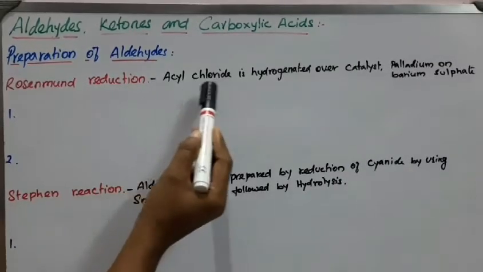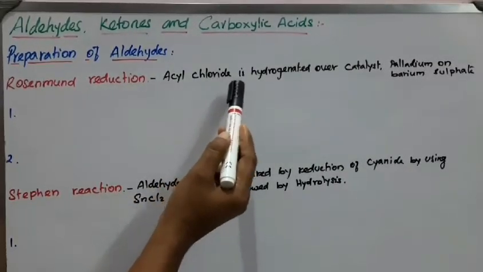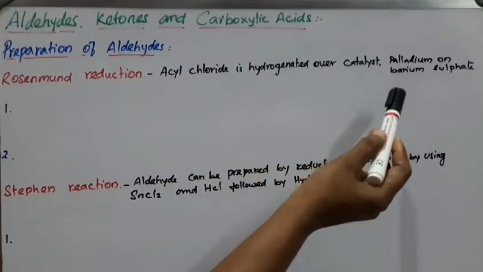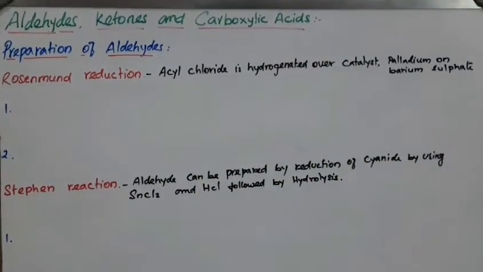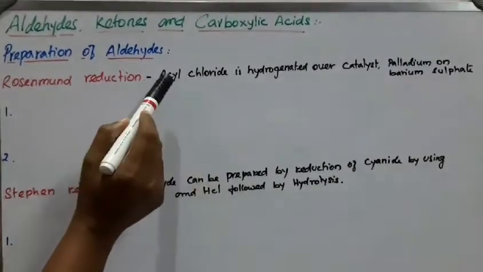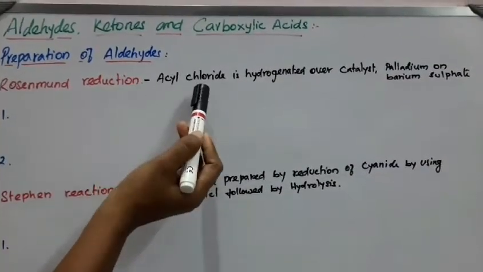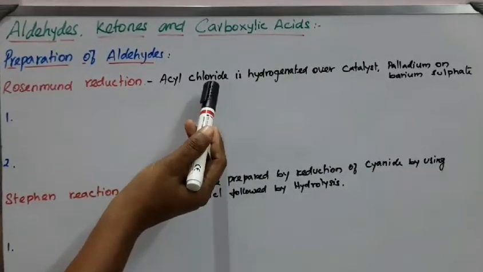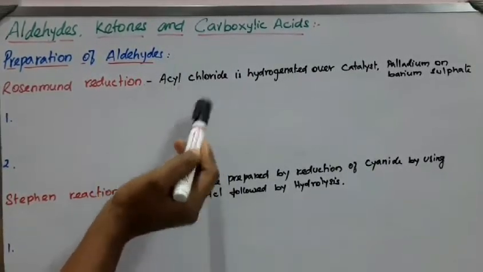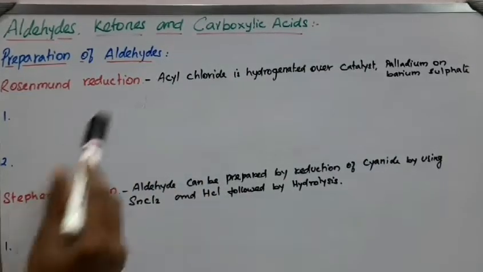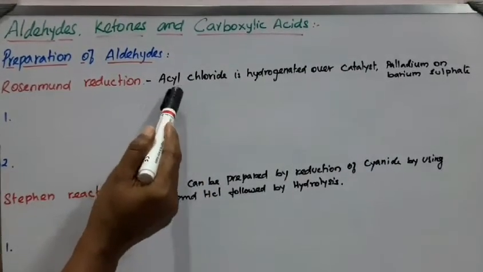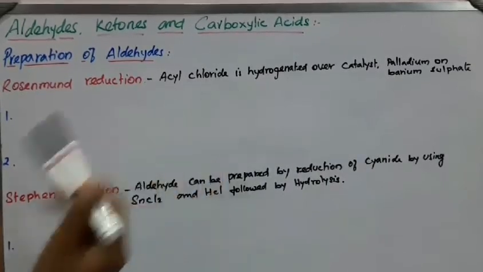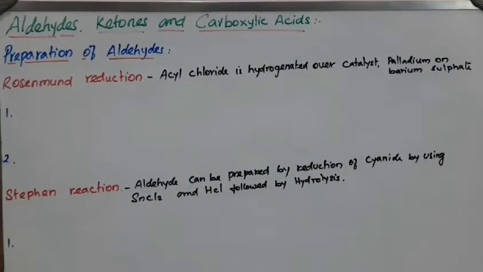Acyl chloride, or acid chloride, is hydrogenated over the catalyst palladium on barium sulfate. When an alkyl group is bonded with the COCl, that is an alkyl acyl chloride. When an aryl group is bonded with the COCl, that is an aryl acyl chloride.